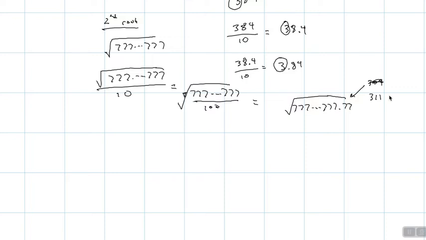And so with that, we can keep dividing by 100 in the square root, and the leading digit will never change. So it has 313, then 311 digits, and we can get all the way down to 1 digit.